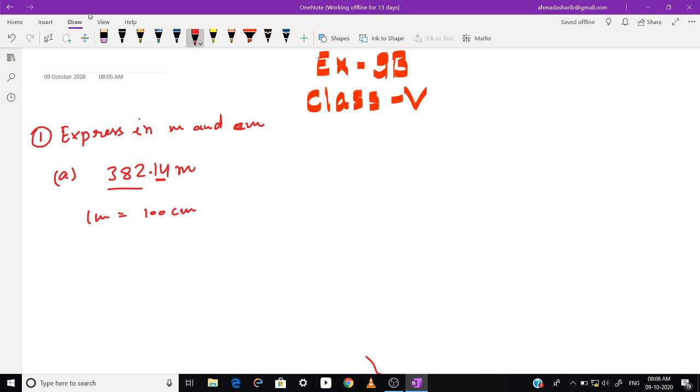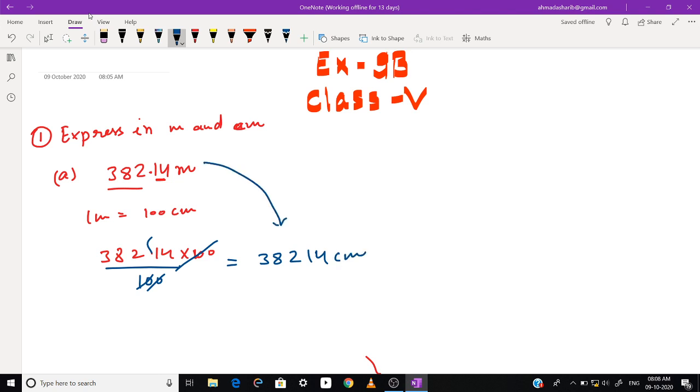Now what will happen if you multiply 382.14 by 100? And how are you going to multiply it? If you don't know, then watch it carefully. You have to remove the decimal, and you will put 100 in the denominator. Then the 100s cancel each other, and you'll get 38,214, and you have converted meter into centimeter.